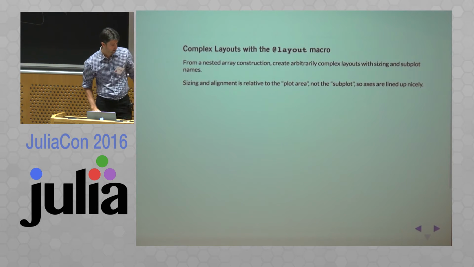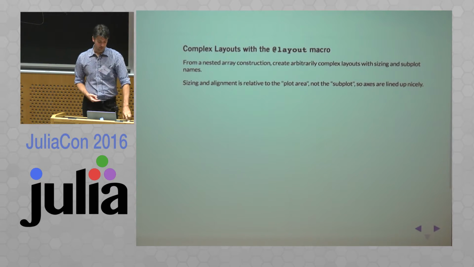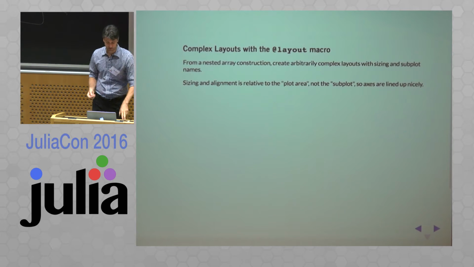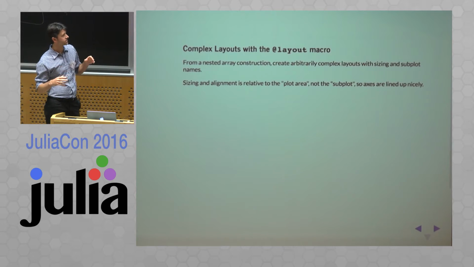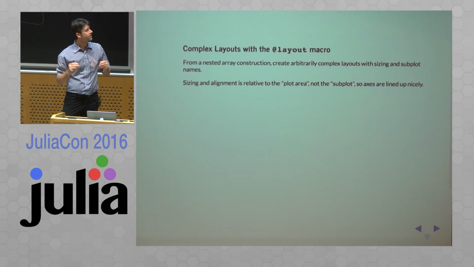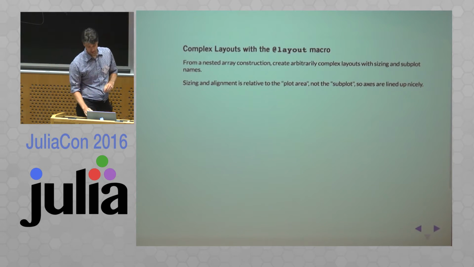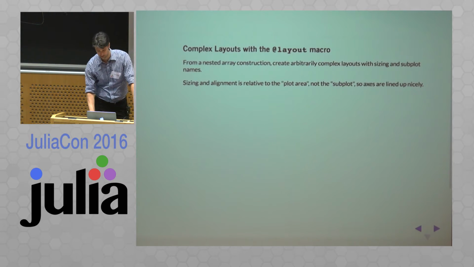All right, so we already saw an example of the layout macro, but it's important to note that it's a nested structure, so you can have arbitrarily complex trees of layouts, and you can create them all from one layout macro.